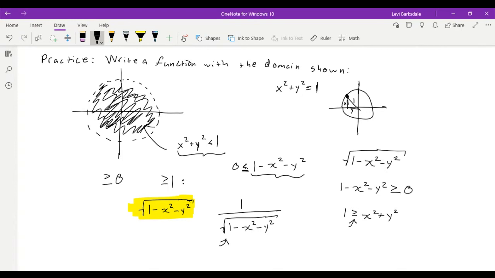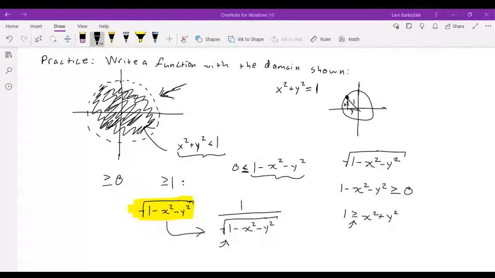Basically, we're changing this portion into this portion to change this into a dotted line rather than a solid line. We're eliminating this boundary circle from our domain. Does that make sense? Yeah. So that's kind of the whole point of the division.